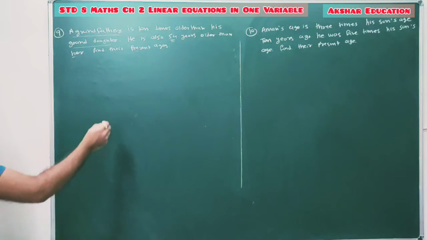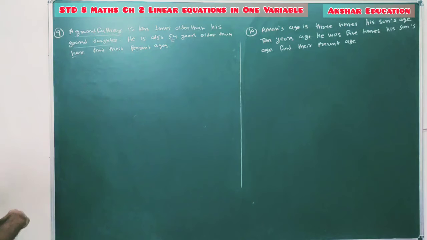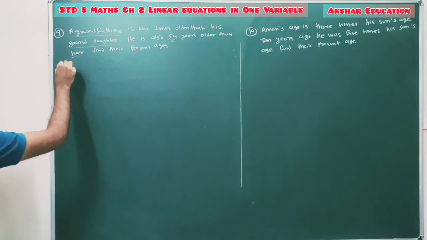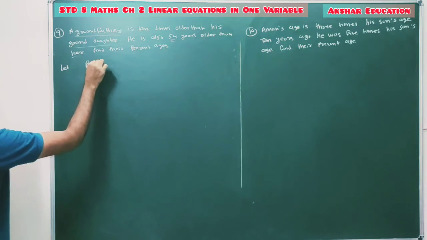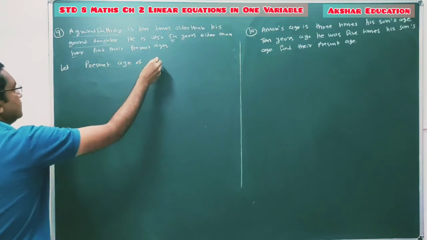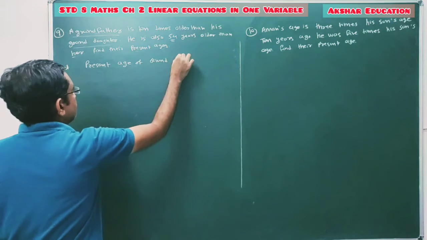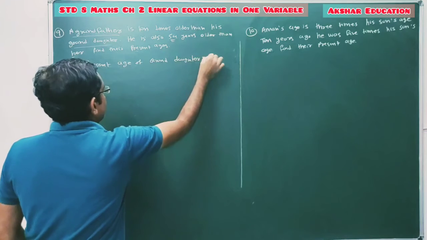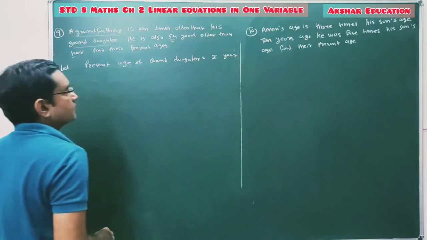So here information regarding the grandfather's age is given, but the granddaughter's age is not given. So we will assume the present age of granddaughter be x years. Done.